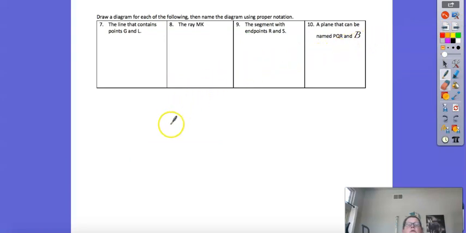This is when we want you to draw the picture. On this one it says I have a line that contains points G and L. So I do the line, which has two arrows. There's one example, and here's another example.